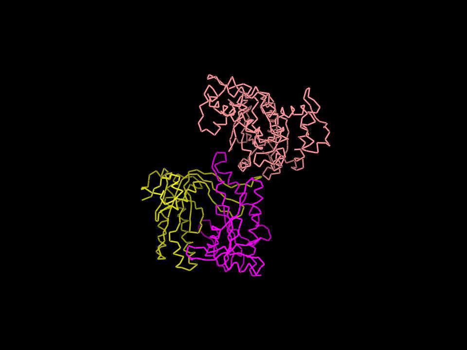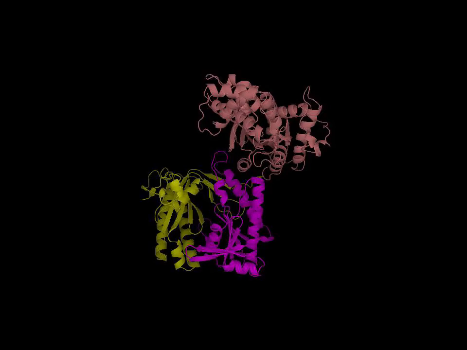You can also show the backbone of the proteins as what is called the ribbon representation. This makes identification of secondary structures easier, and also gives a better idea about the general three-dimensional structure.